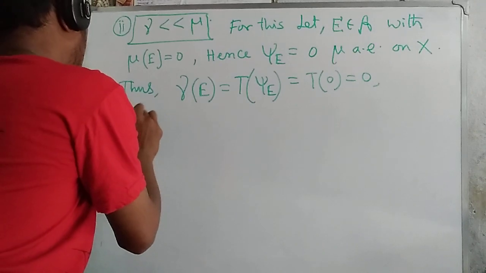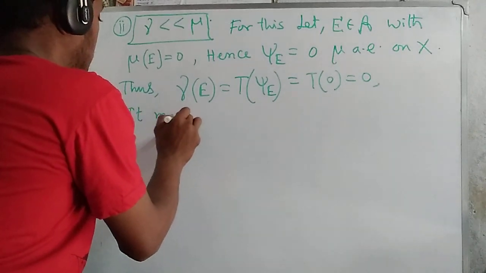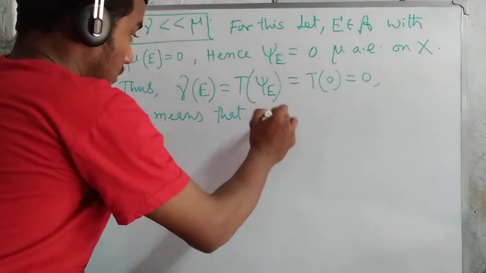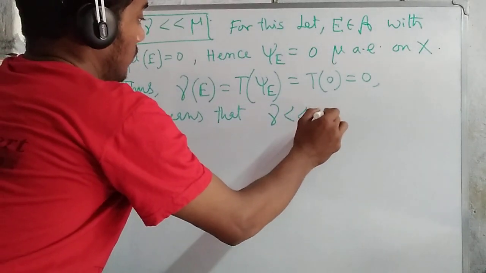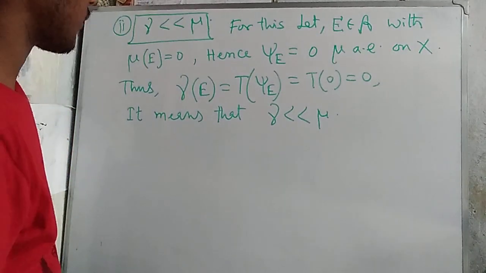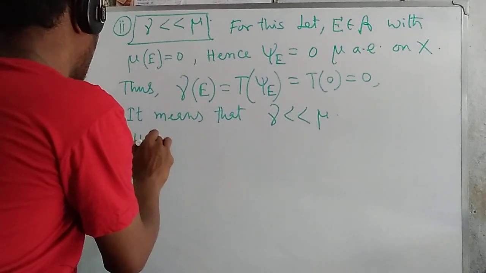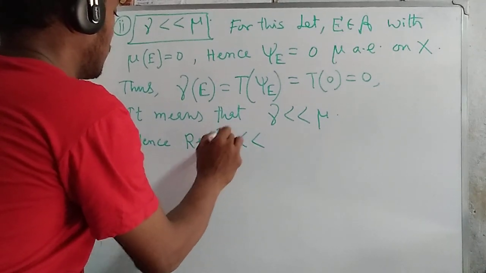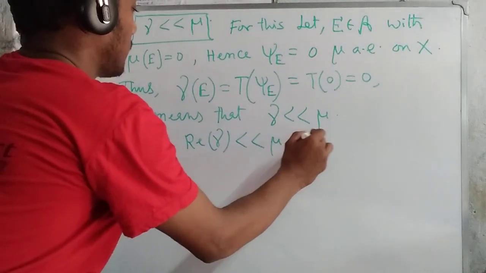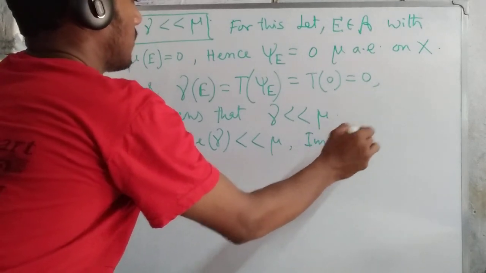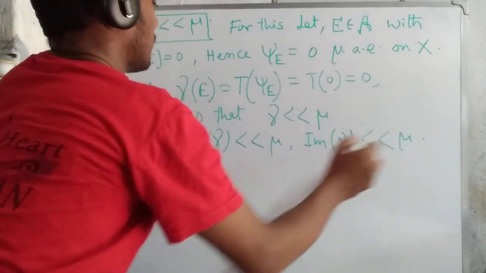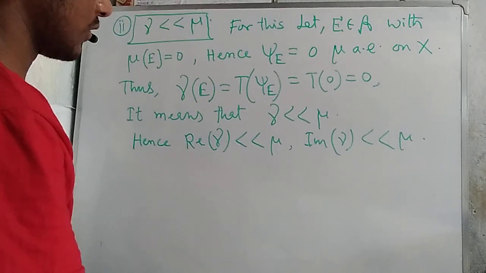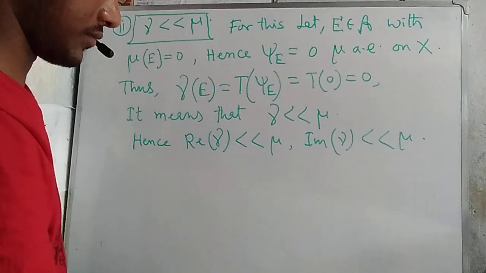It means that gamma is absolutely continuous with respect to mu. Hence real of gamma is absolutely continuous with respect to mu, and imaginary of gamma is absolutely continuous with respect to mu. Okay, so this one is done.